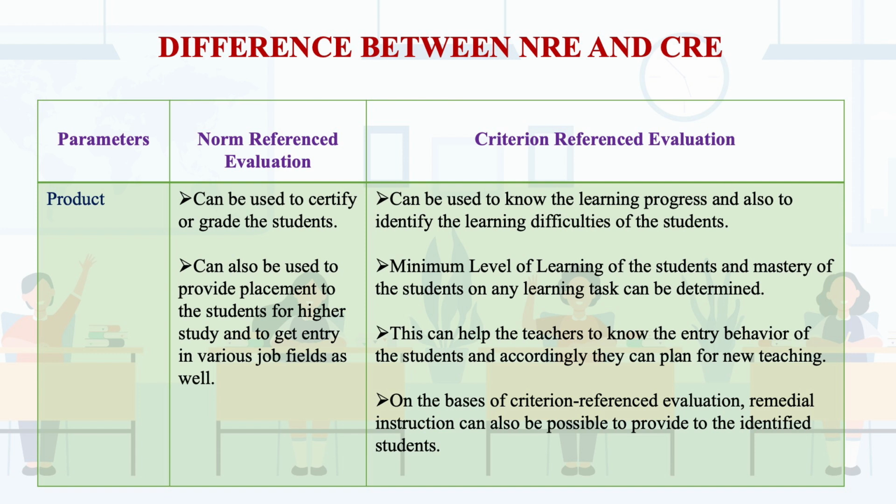You see, norm reference evaluation can be used to certify or grade the students, just like a summative type of evaluation, and it can also be used to provide placement to the students for higher study and to get entry in various job fields as well.